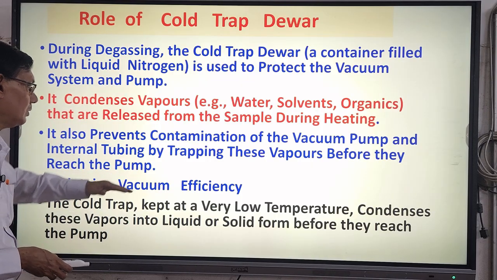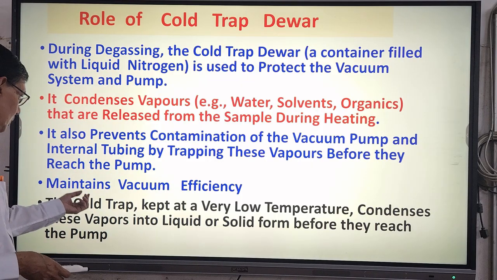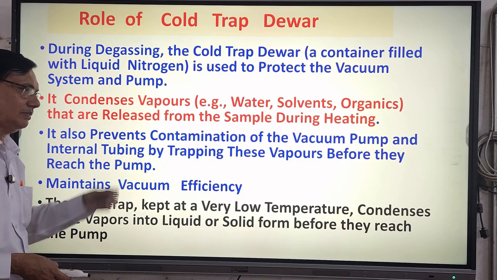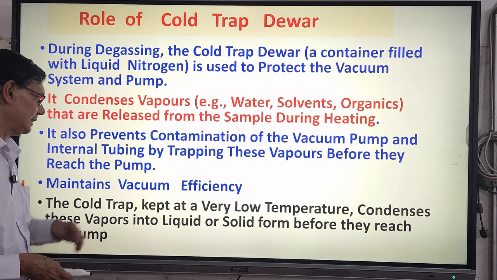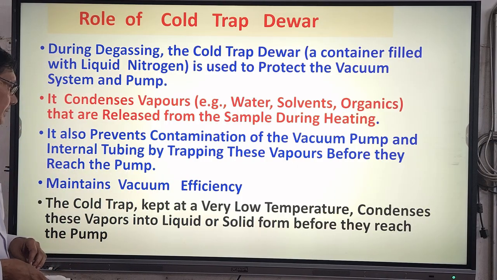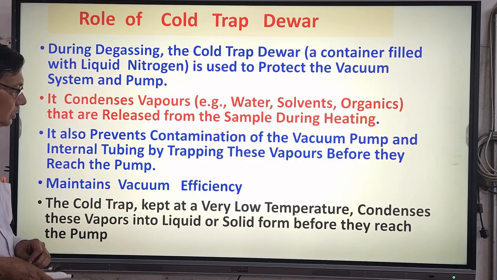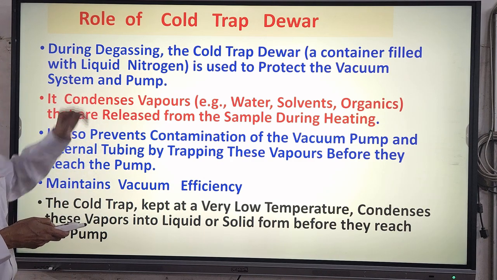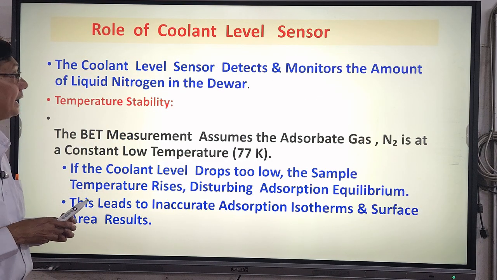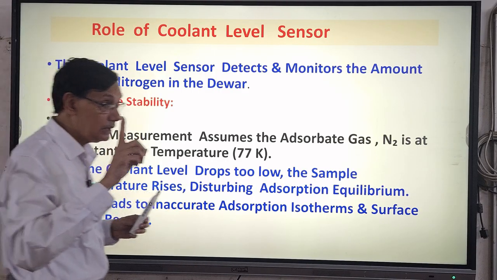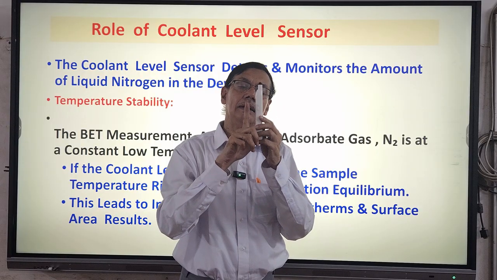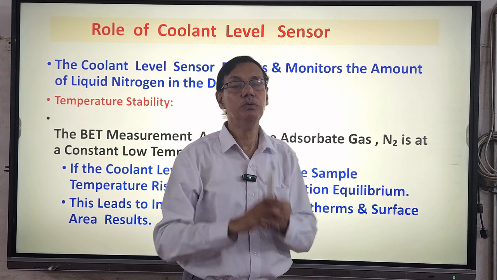There is a condensation process, because the cold trap, you know that 77 K is minus 196 degrees centigrade, is kept at a very low temperature and condenses these vapors into liquid or solid before they reach the pump. So I think you understand the point. And the last point is that again there is a coolant level sensor, CLS. It must be fitted with our main tube, the sample tube.